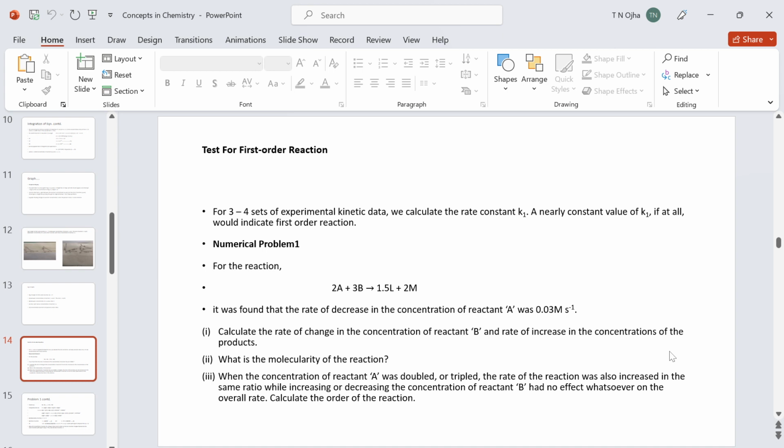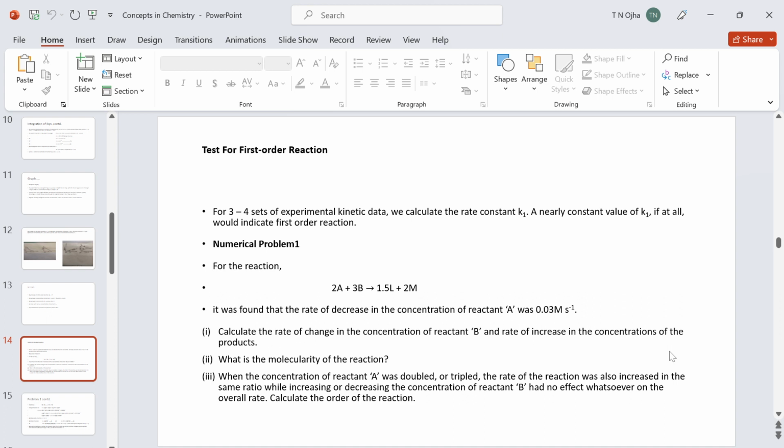The case in which all k values are the same, reaction belongs to that particular order. Suppose we are analyzing the data using first order equation and getting k1 constant, then that reaction belongs to order 1. If k1 is not constant, then order is not 1.